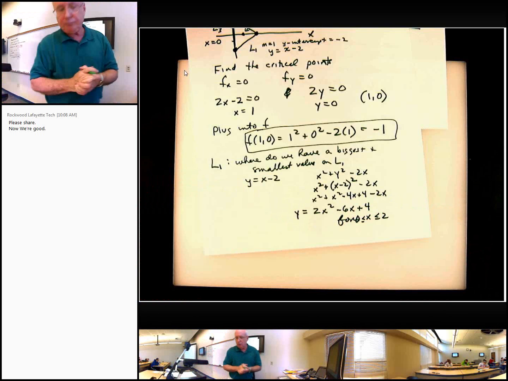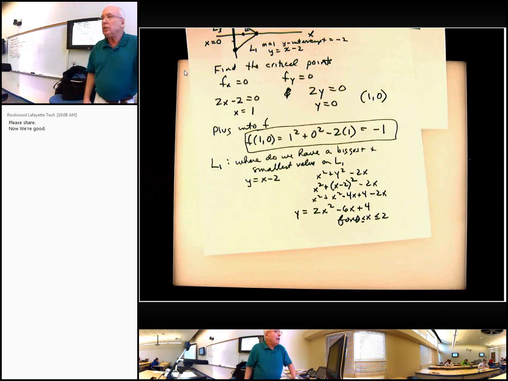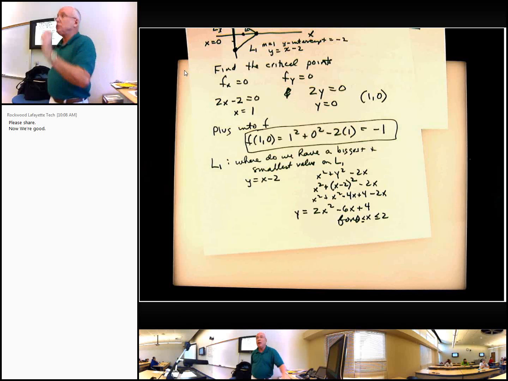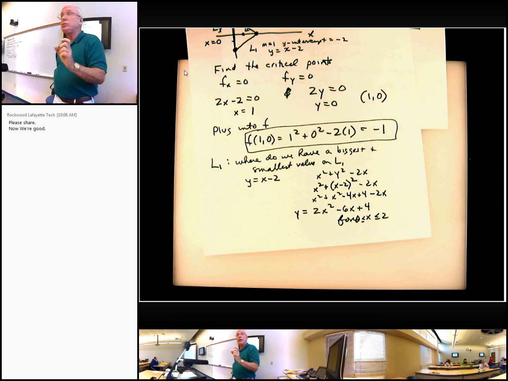Now this reverts to the type of thing you would have had in Calc 1. Now you have a single variable function, and you have an interval of x values we're looking at.